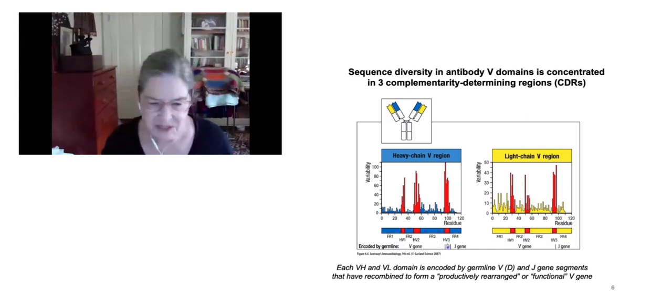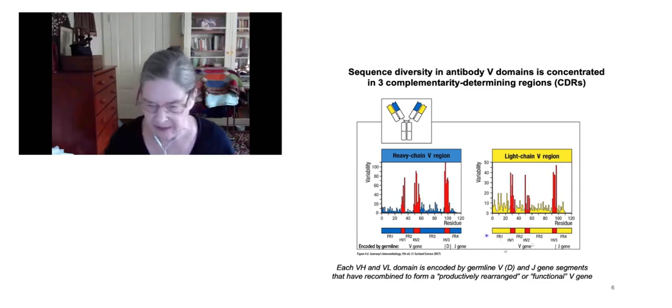A D segment is coding this middle part, plus you're going to see that there's variation where everything's stitched together here. And the J gene is encoding this blue part. And so this is the framework region, the CDR1, framework 2, CDR2, framework 3, CDR3, and framework 4.